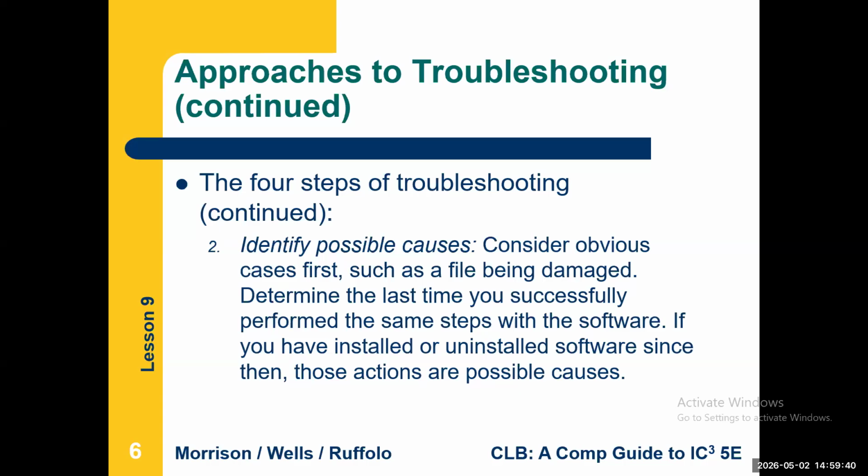Sometimes you could realize that we've installed a software, and then after installing it, a particular software refuses to work. So it could be that the software that you have installed is having some kind of compatibility issues with the system or the app that you are trying to run. If that is the case, then the best thing for you to do is to uninstall that particular software.